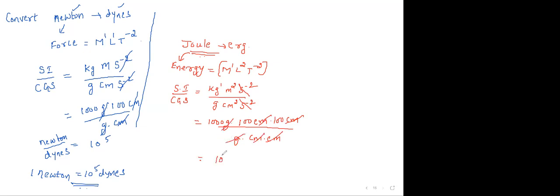So it is 10 power 7. Here we have 3 zeros. Here 2 zeros. Here 2 zeros. Totally it is 10 power 7. So in SI system, it is joule. In CGS system, it is erg. So if you do the cross multiplication, you can tell 1 joule equals 10 power 7 ergs.